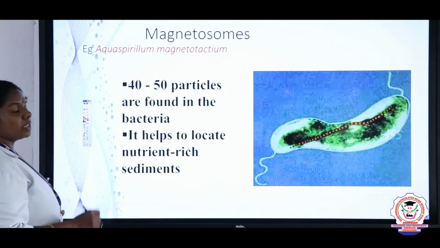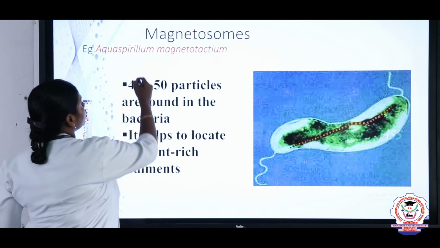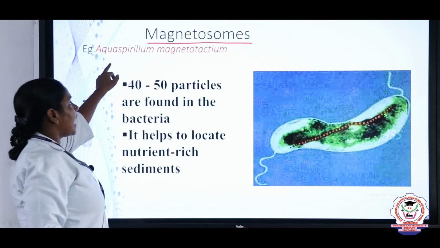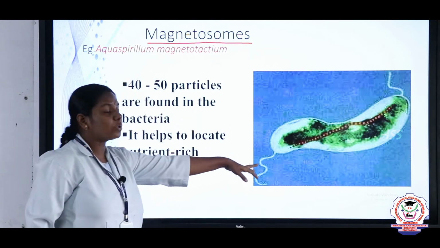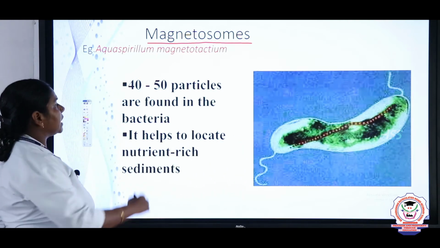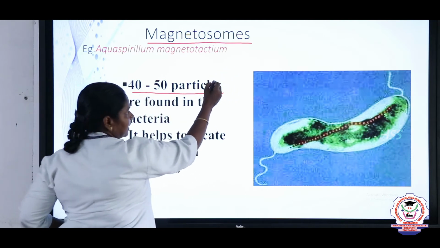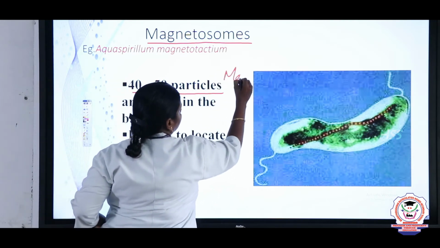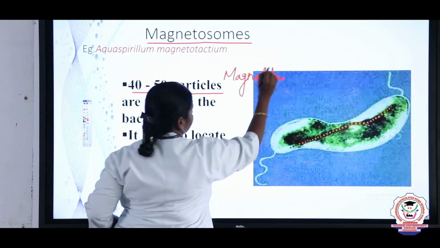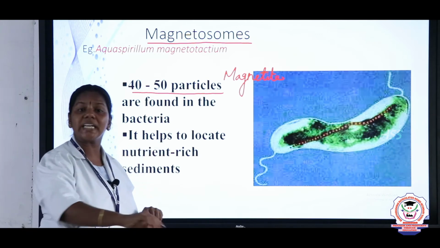So now in the small box, it is given, children, about the magnetosomes. Just underline it. This is the structure of the Aquaspirillum magnetotacticum. It is a bacterium and it contains 40 to 50 particles of magnetite, that is Fe3O4 magnetite, and it helps to locate the nutrient rich sediments.